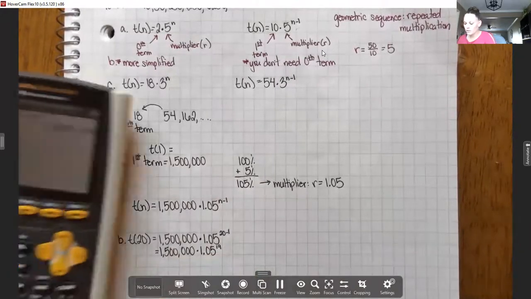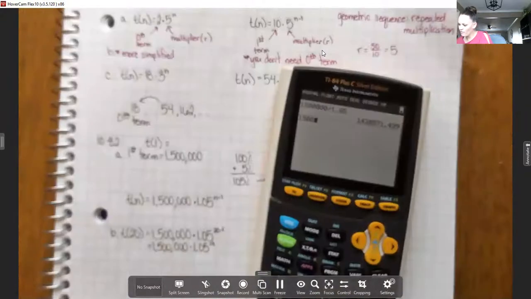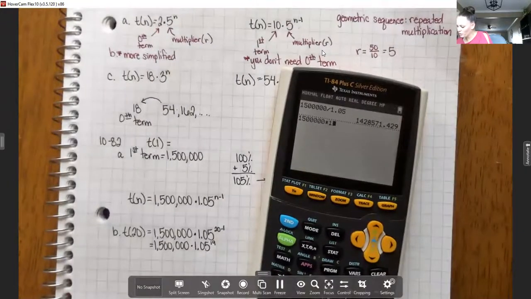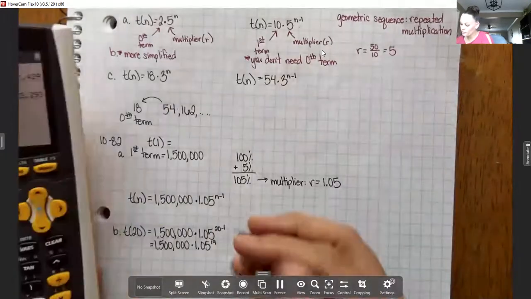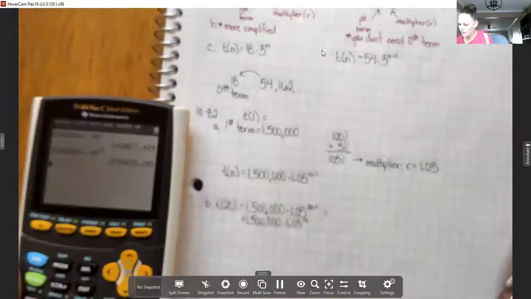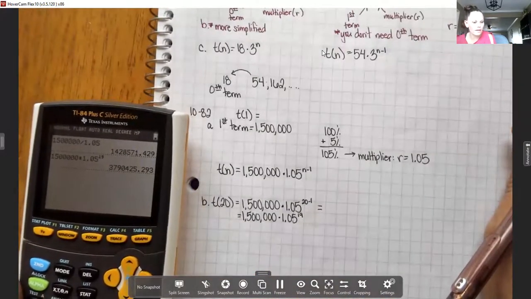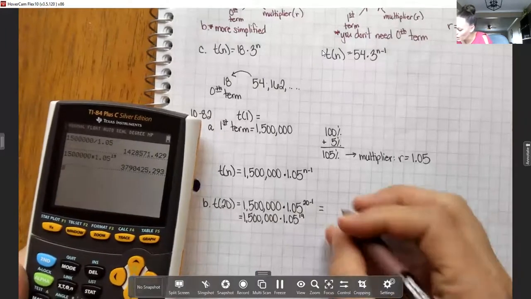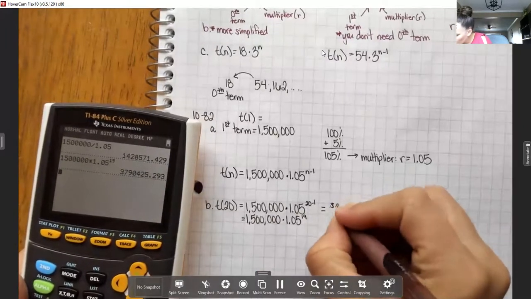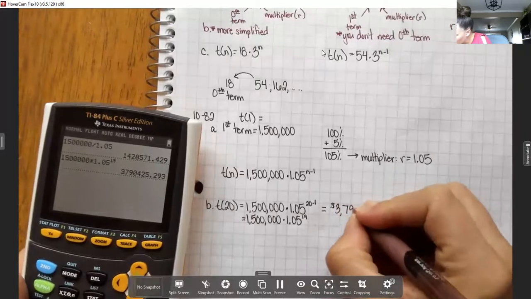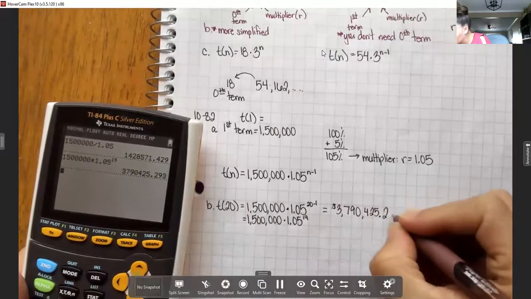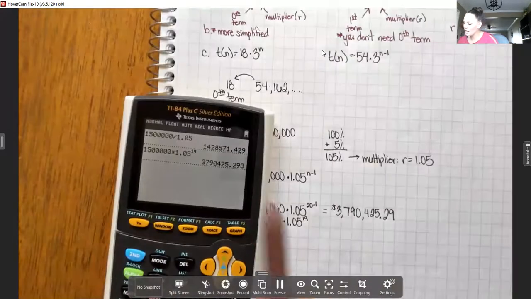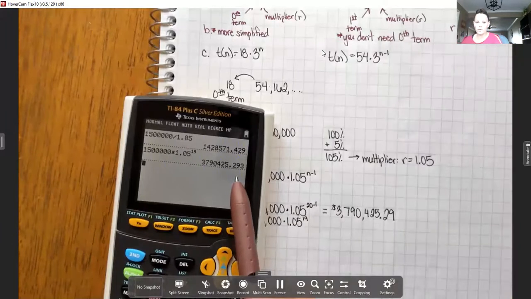Either way, this tells us that his 20th payment is going to be $3,790,425.29. Remember, with money, you always want to round to 2 decimal places.